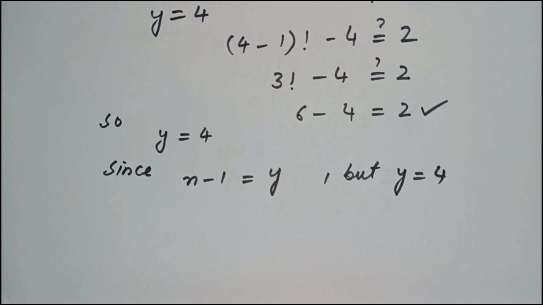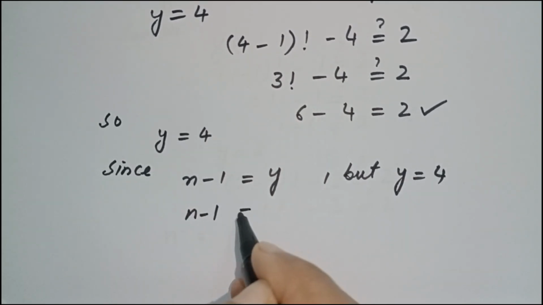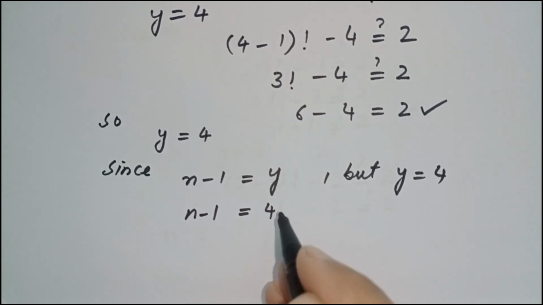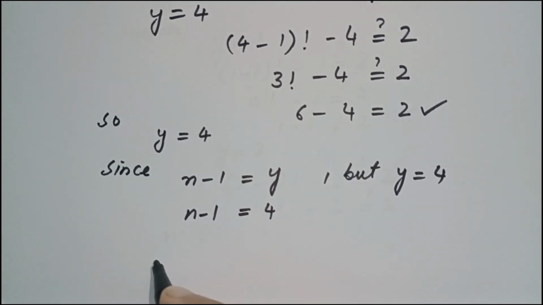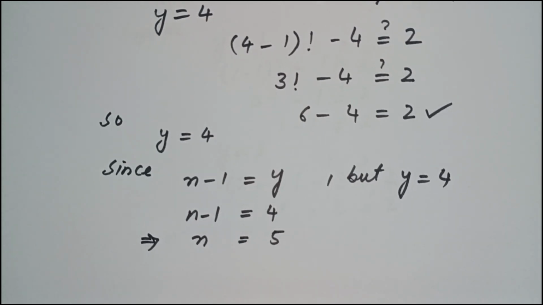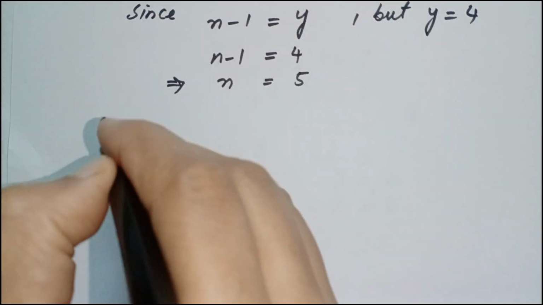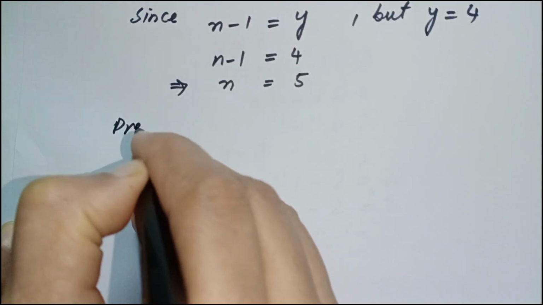So it means that n minus 1 will be equal to 4, which implies that n is equal to 5. So 4 plus 1 is equal to 5. So now we found that n is equal to 5. So we will check the value of n here.